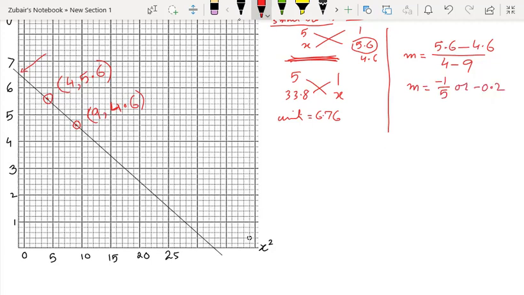So where is your equation? What was your equation? Your equation in general should be like y equal to mx plus c. Okay, so if you come down with the fact that y is equal to, what was the equation?